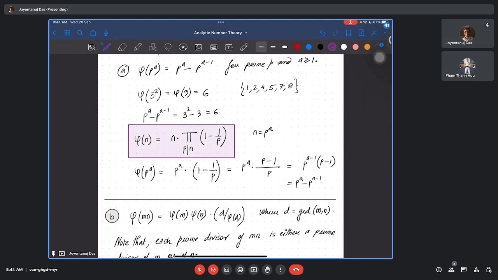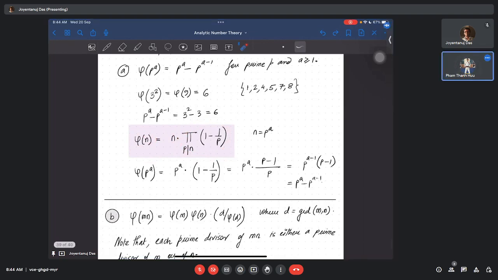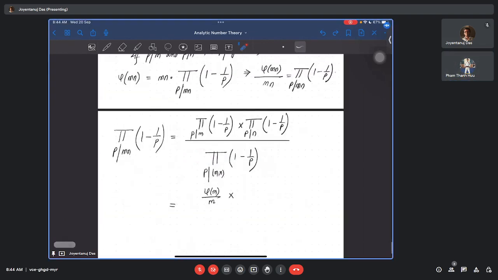So this is the formula we learned. Here, if I take phi of n divided by n, and bring this n here, that is nothing but the product of the primes, right? So this part I can replace by phi of m divided by m.